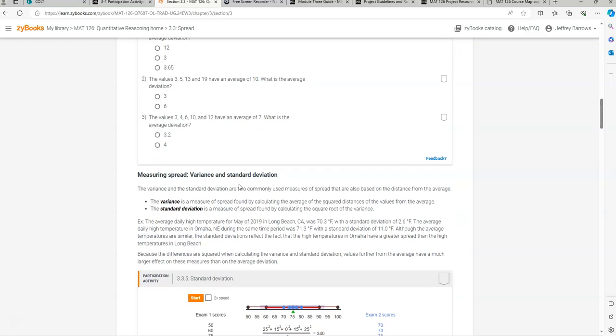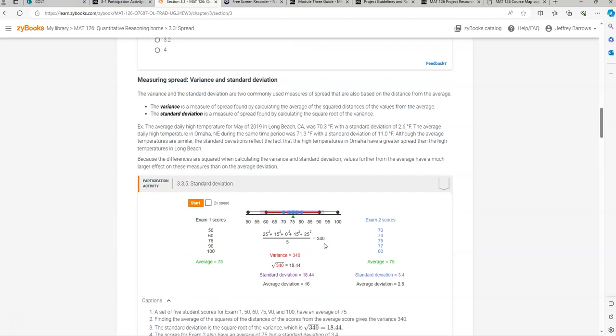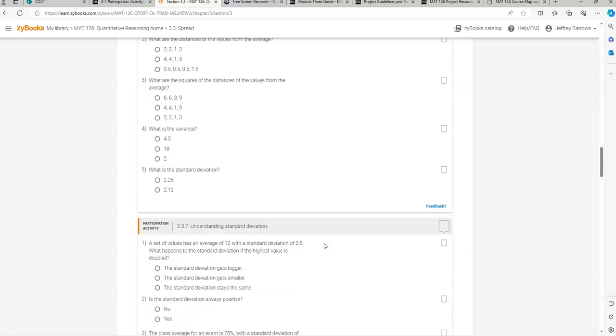When we get into more of a data analysis scenario, certainly we don't want to lose track of things like a range, but the measures that become more practical and more applicable are things like variance and standard deviation. Standard deviation really is the gold standard for a measure of spread or variance, whichever you prefer to term that measure.